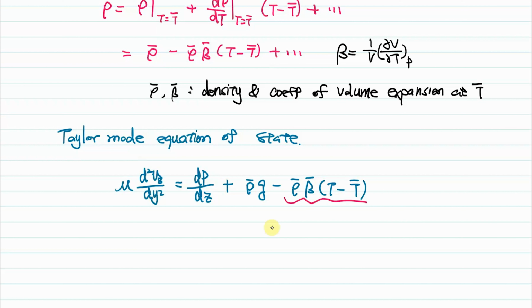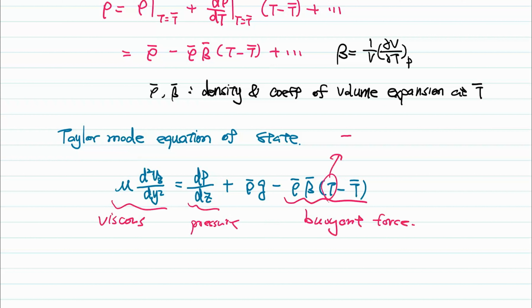You have your viscous force on the left hand side, and on the right hand side you have pressure and the buoyant force. The next step is we already know the solution for T, right?